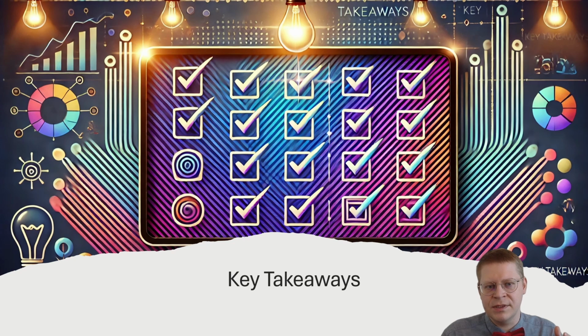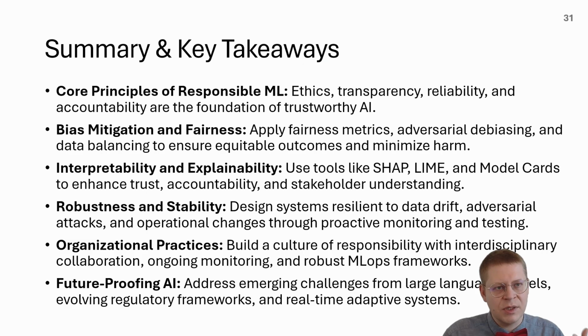Let us have some key takeaways since we're moving to the end of this lecture. Let us summarize. First, the 4 pillars of responsible machine learning, ethics, transparency, reliability, and accountability, must guide every stage of AI development. Equally important is addressing bias and ensuring fairness using techniques like fairness metrics, adversarial debiasing, and data balancing. Interpretability empowers stakeholders to trust and understand our models.